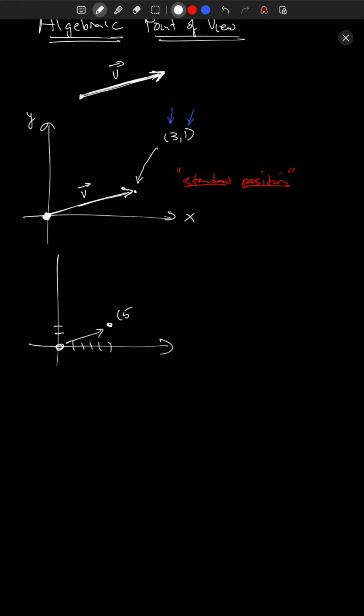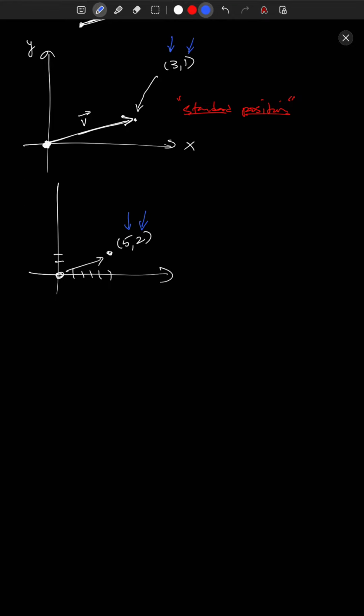So the two numbers, 5 and 2, completely determine the vector. This is the basis of our algebraic discussion of vectors, the fact that any vector can be described with just a pair of numbers, always assuming we've placed it so that its tail is at the origin.